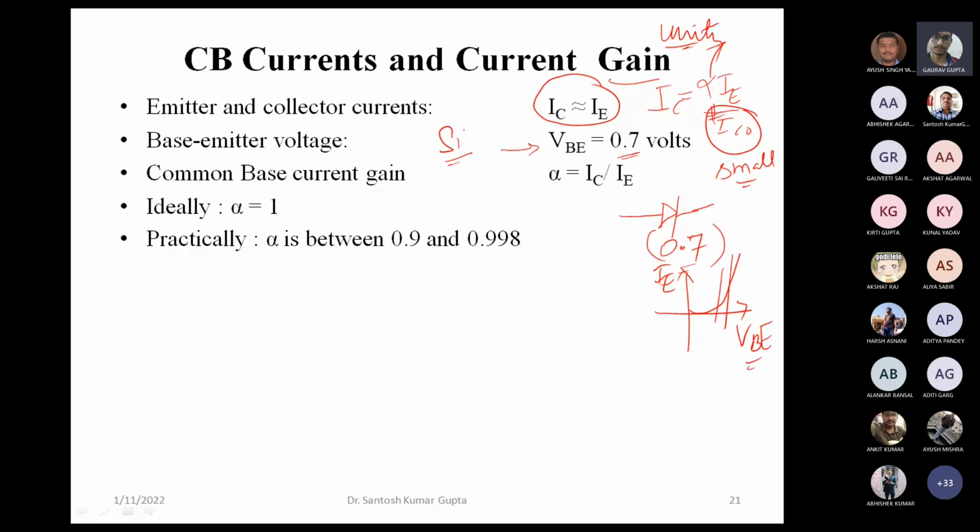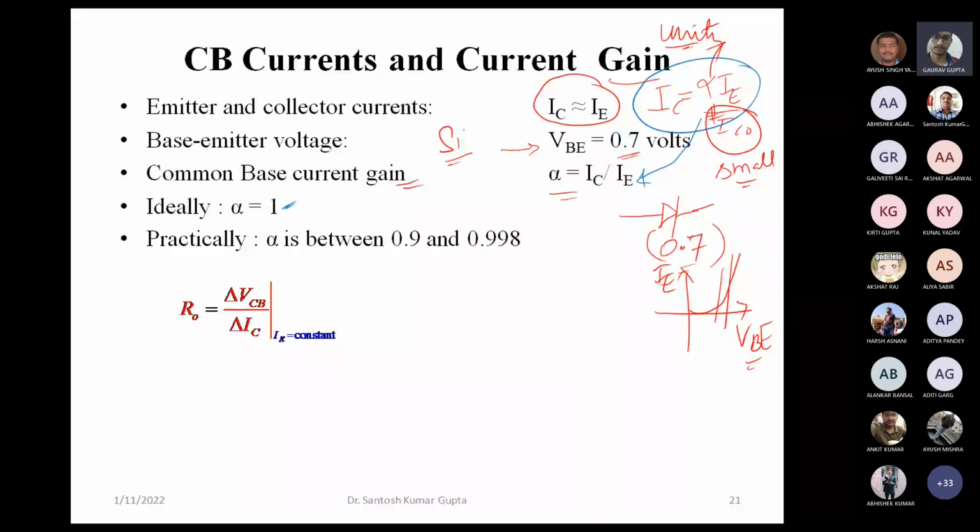Common base current gain can be defined here to be alpha approximately given by IC upon IE. Ideally we should have alpha equal to 1, but practically we have this value between 0.9 to 0.998.